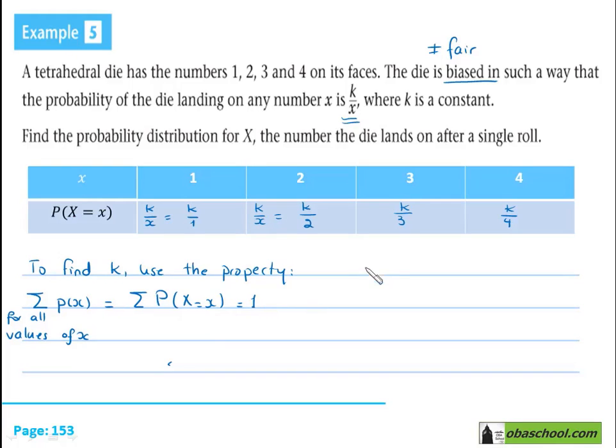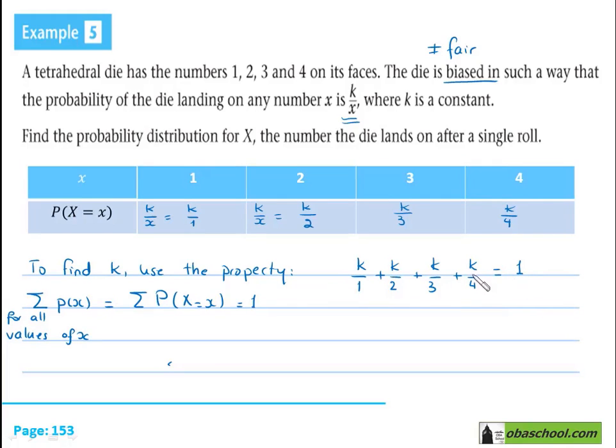That means for x equals 1, it is k over 1, plus, for x equals 2, k over 2, plus, for x equals 3, k over 3, plus, for x equals 4, k over 4. The summation of all of this is 1.